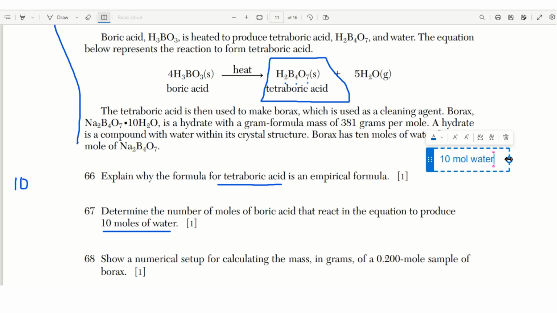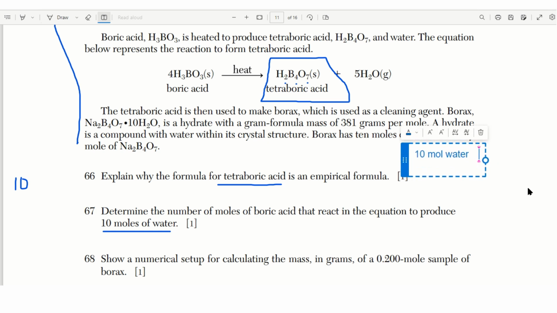And I'm using boric acid. All right, so 10 moles of water, and that is going to equal, I need to use moles of water on the other side, okay? And then I am going to draw a line. This is going to be over, and this is going to be over.